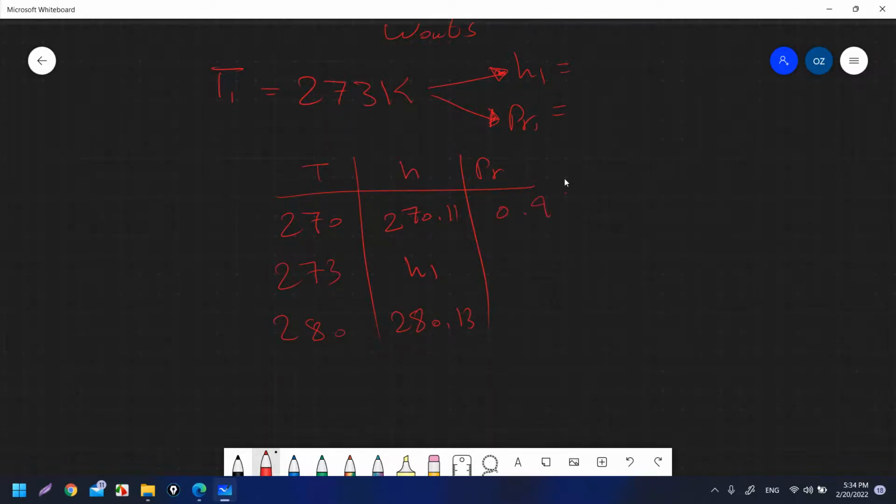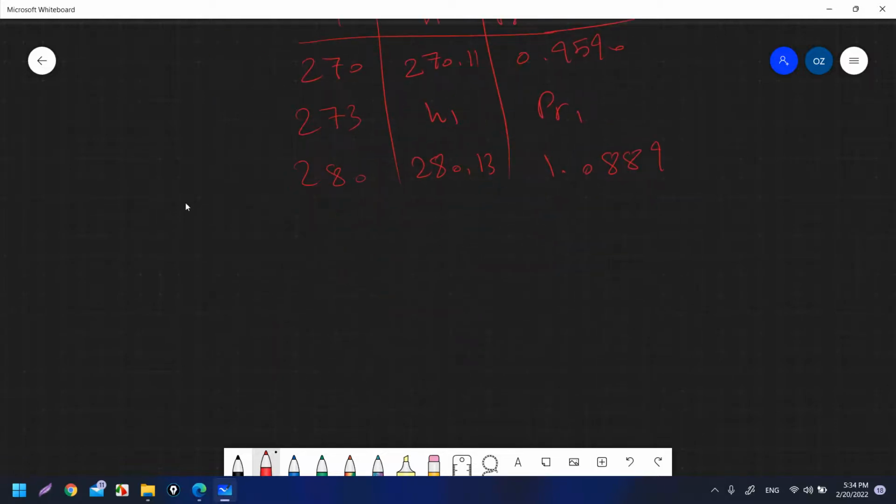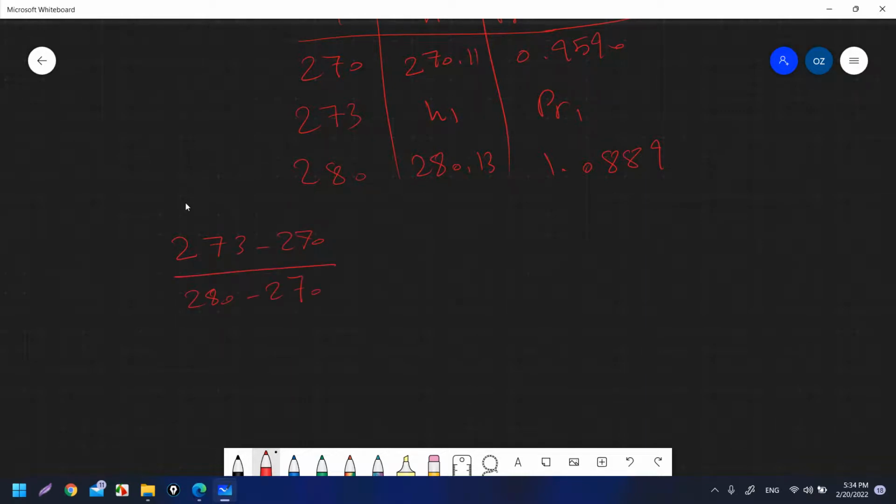PR is 0.9590, PR1, and here is 1.0889. So 273 minus 270 over 280 minus 270 equals H1 minus 270.11 over 280.13 minus 270.11.